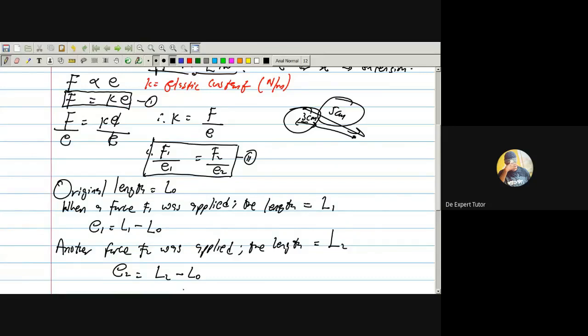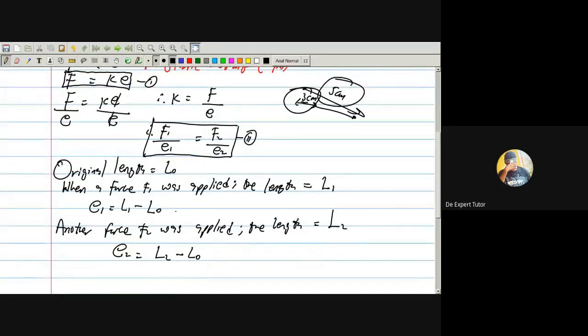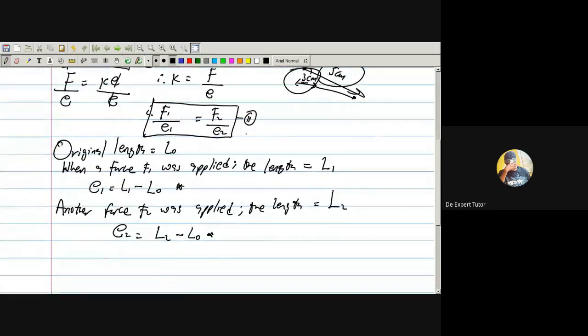So if I now substitute these into equation 2, I have F1 over E1, which is L1 minus L naught, equal to F2 over E2, which is L2 minus L naught.